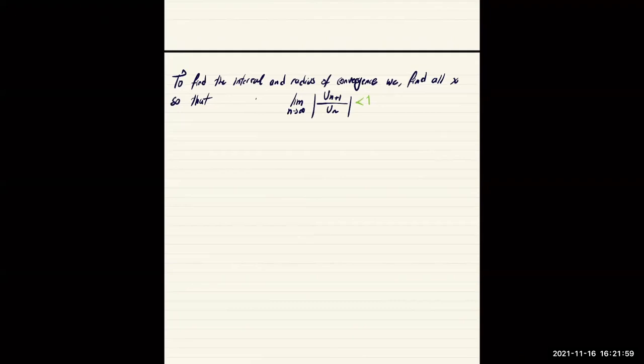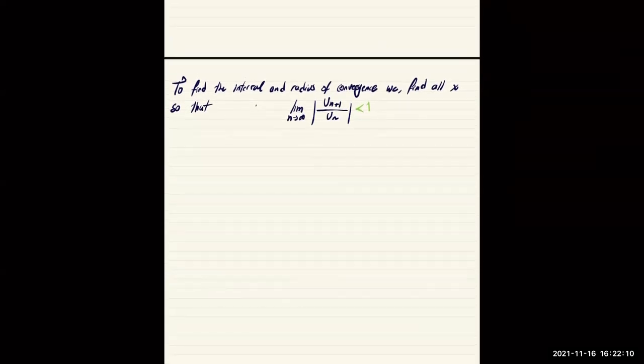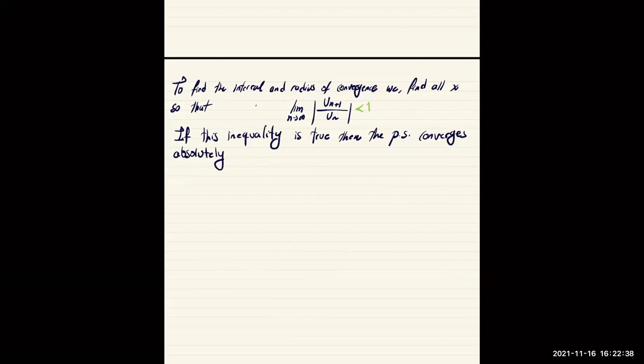And this inequality, by the ratio test, tells you that the series is convergent, or more specifically, absolutely convergent. Okay, so if this inequality is true, then the power series converges absolutely, which means it's convergent.